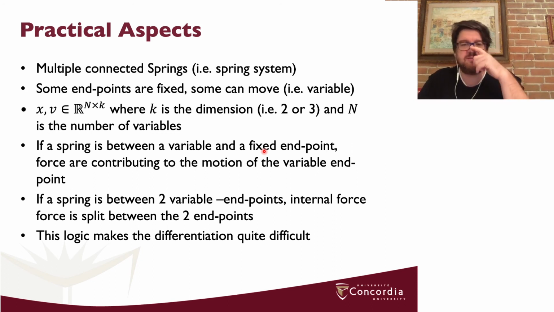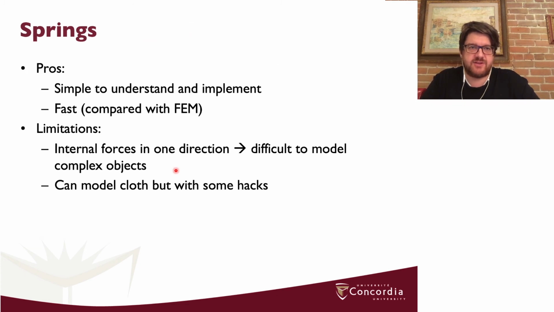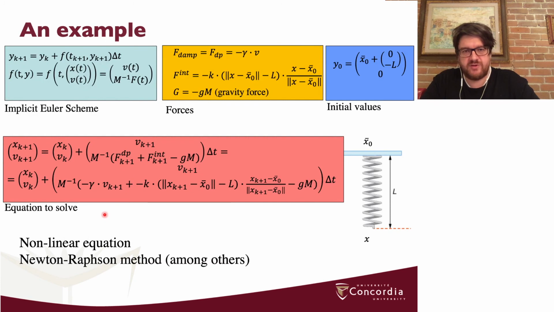So actually, because of this logic, this makes the differentiation quite difficult because you have to basically have two different cases for each of these situations. And this is going to be tricky because when you do Newton's method, you have to differentiate these expressions, and it's not very easy.